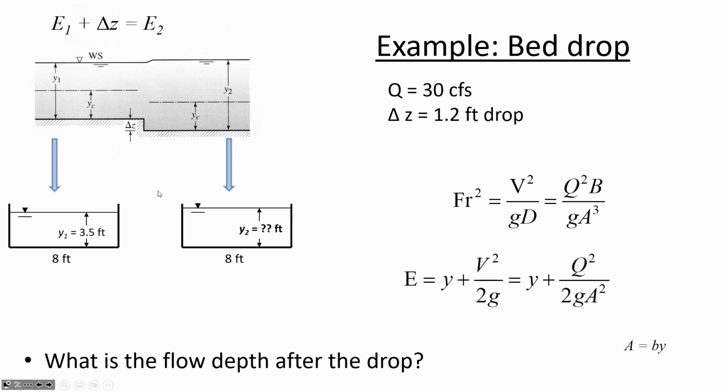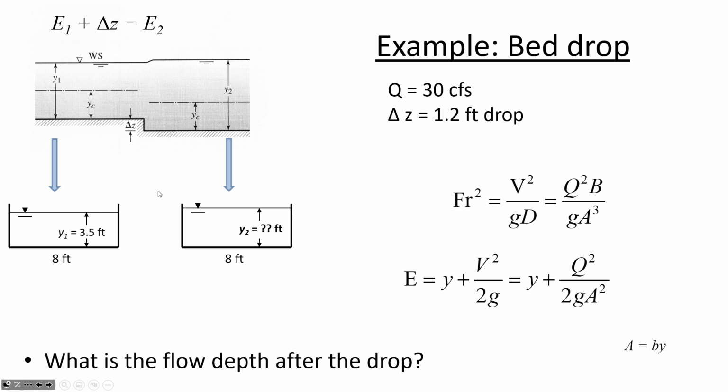Y sub C is the flow per unit width squared divided by g, to the 1/3 power. So what is our flow per unit width? Q is 30 cubic feet per second divided by the 8-foot width.